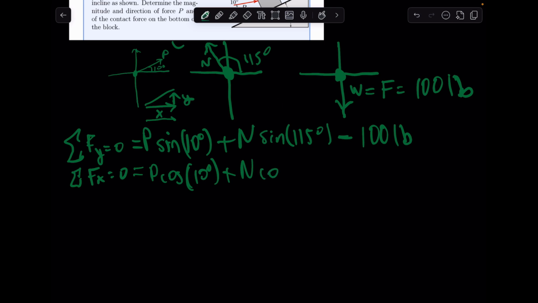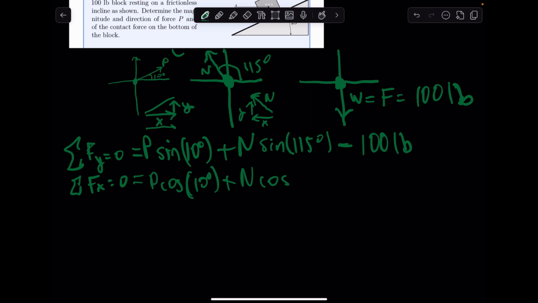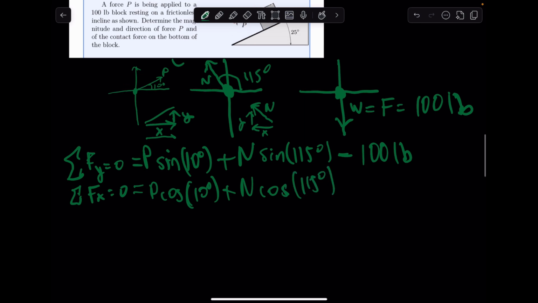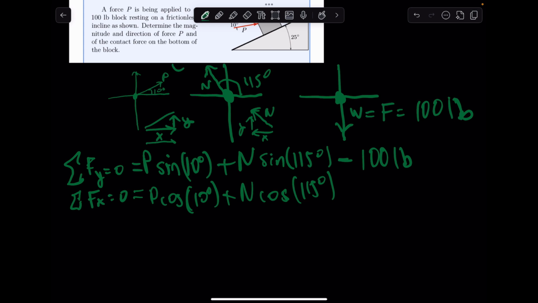So we have our little arrow pointing this way, and from our little N force right here, we're trying to find the x component and the y component. So right now we're doing N cosine of 115, and then there are no other x forces acting in this diagram. We don't have any force in the x direction, so plus 0. And all of this again equals 0.